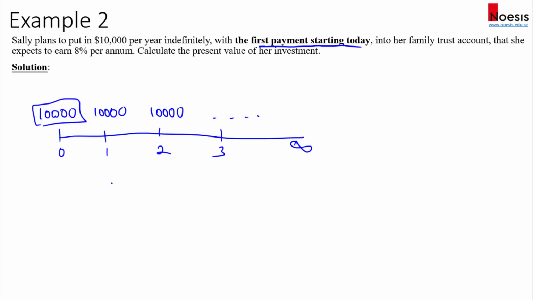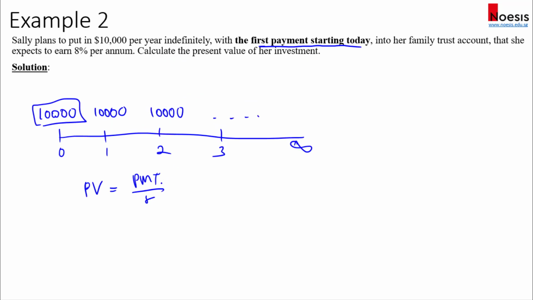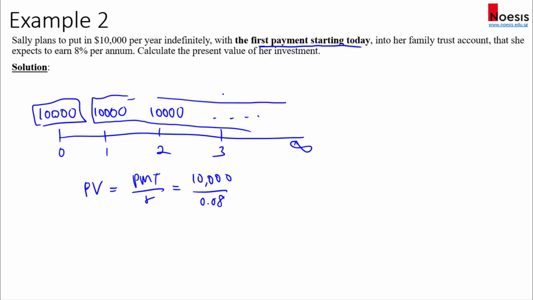So in this case, if you use the formula PMT over R, take note that in the previous case, the first cash flow actually happens 1 period from today, and that's how the formula actually works, so do be careful. If I take PMT over R, which is 10,000 over 8%, that will only be applicable for the cash flow from year 1 onwards up to infinity.